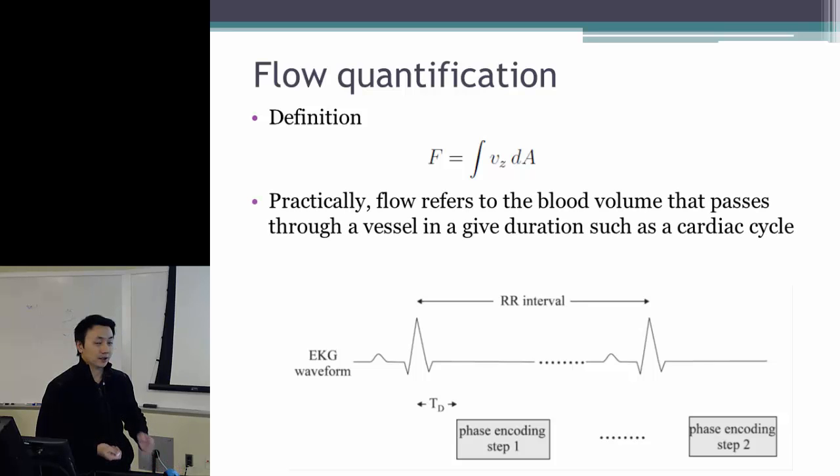Usually it's during, for example, the cardiac cycle. So how much blood is being passing through vessels. The definition of the flow can be considered as the integration of the velocity and area of the vessels itself.